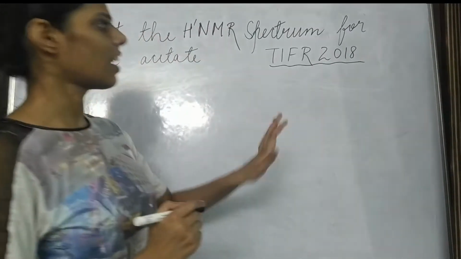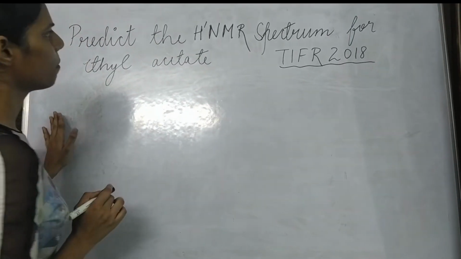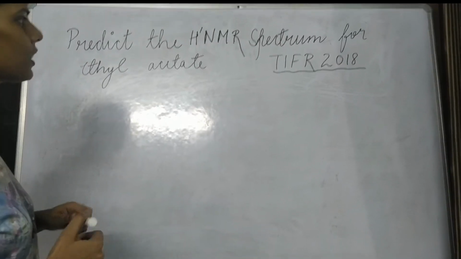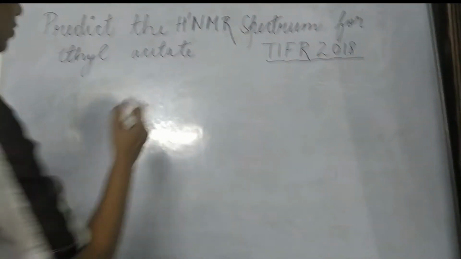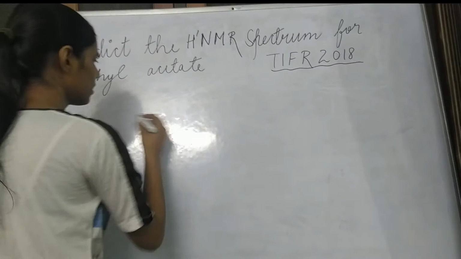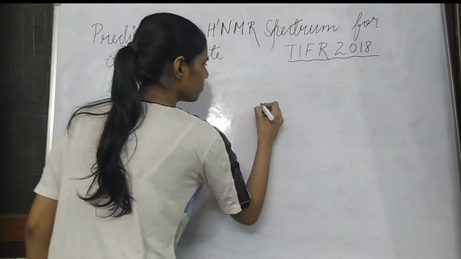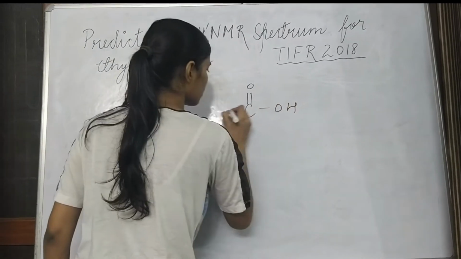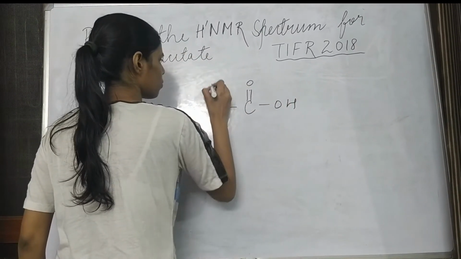Here is a question asked in TIFR 2018. Predict the proton NMR spectrum for ethyl acetate. For this question, you need to draw the structure of ethyl acetate first. So ethyl acetate will be CH2.